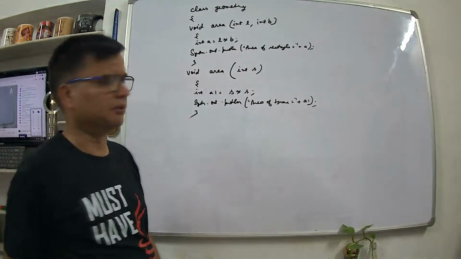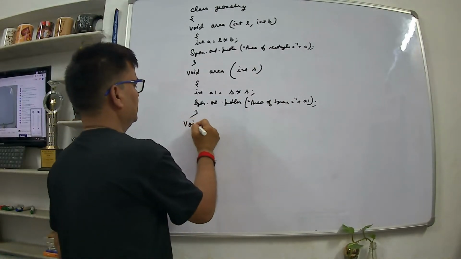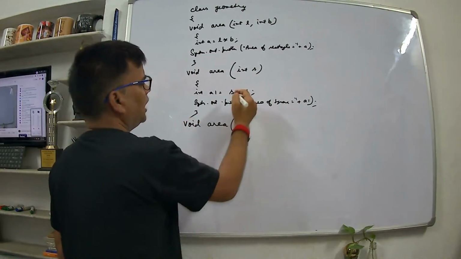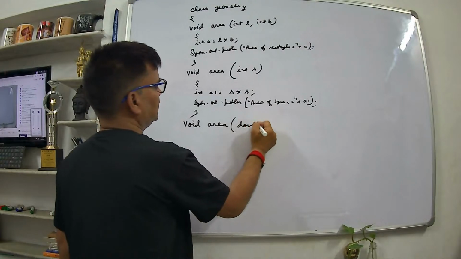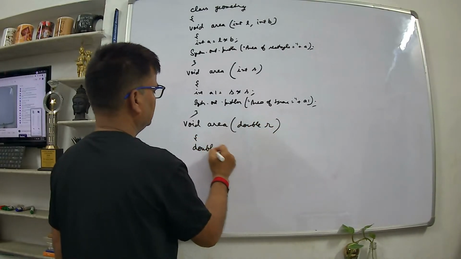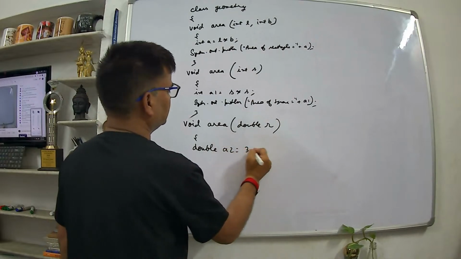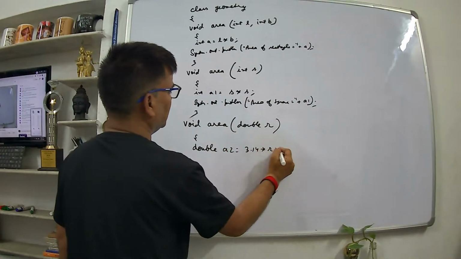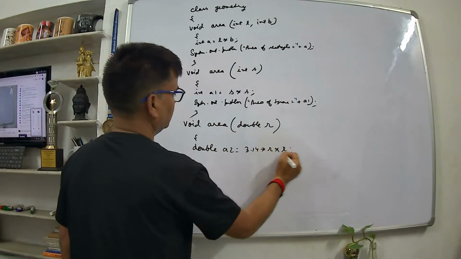Fine. Third one now, void area. I have to find the area of a circle, so I took double R. And here I am taking double A2 is equal to 3.14 into R into R. Right?